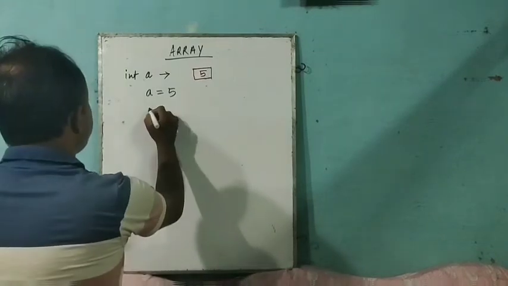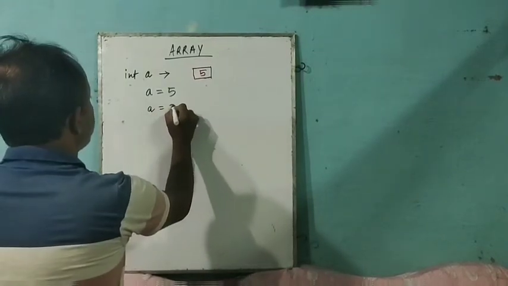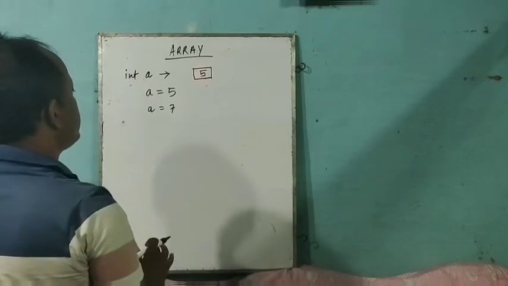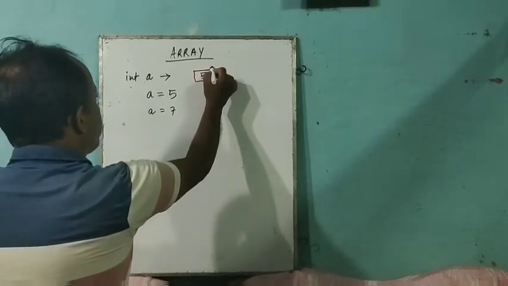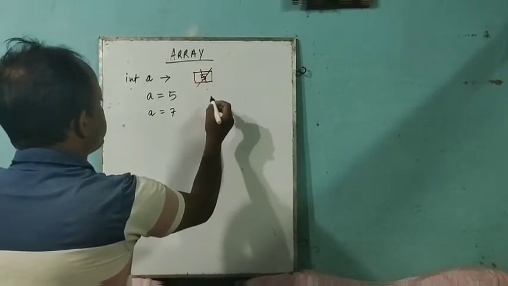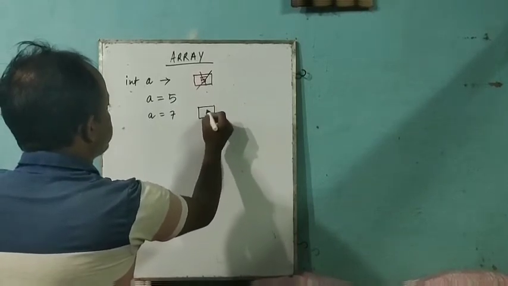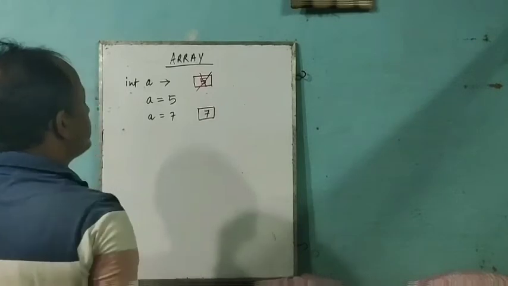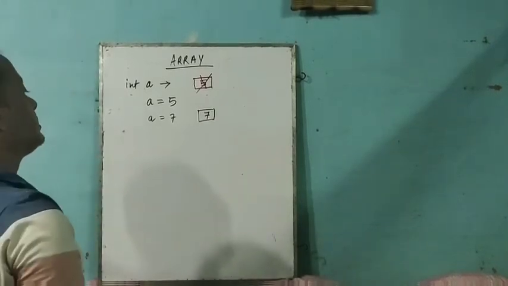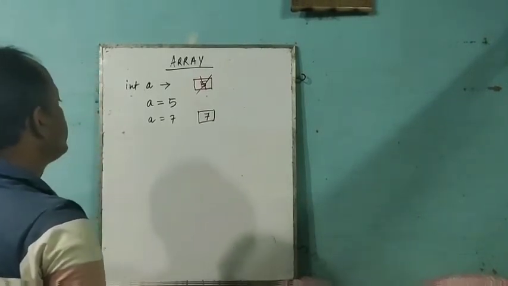When I again write a equal to 7, what happens? This 5 is removed, erased, and 7 is stored in the memory location. This is in the case of a normal variable.